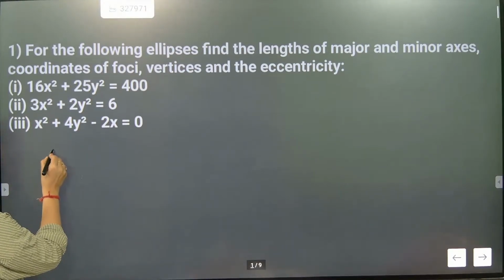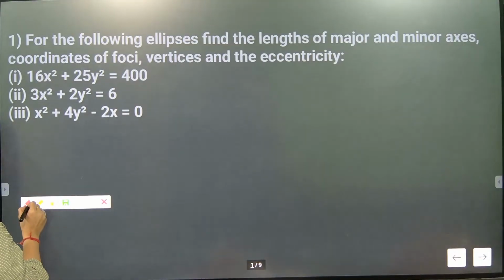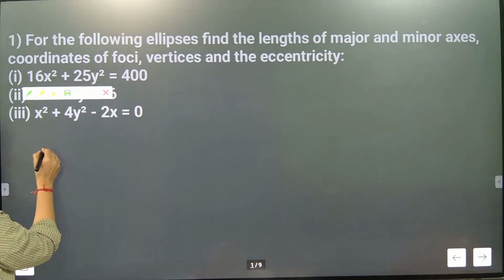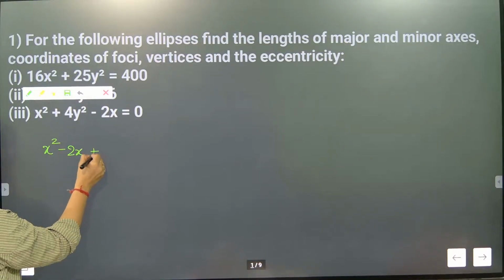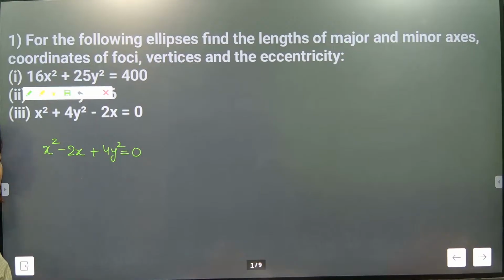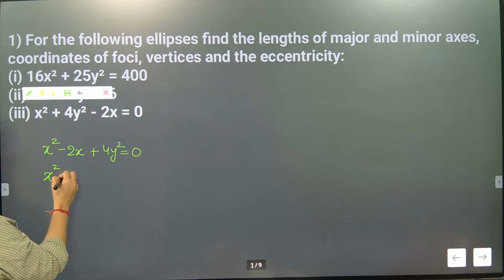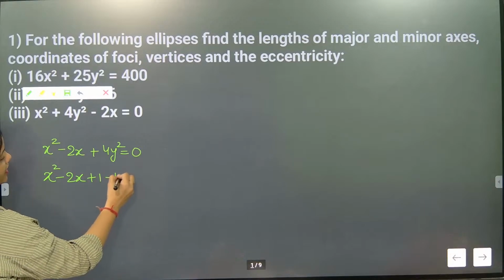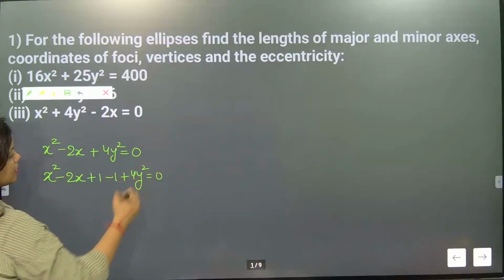For this question, what will we do? Check this one out. x square minus 2x plus 4y square equal to 0 is given. First, for x square minus 2x, you add 1 and subtract 1, plus 4y square equal to 0.